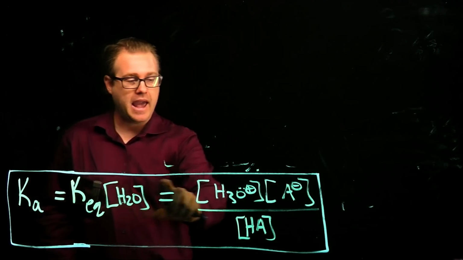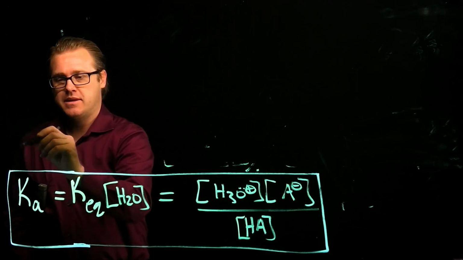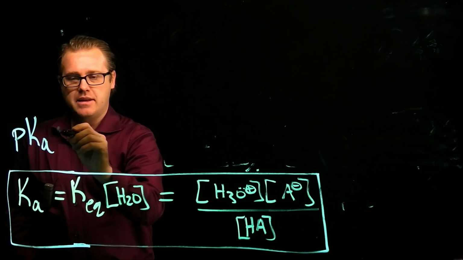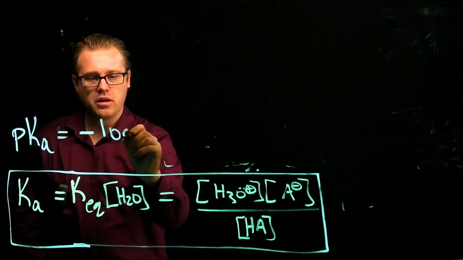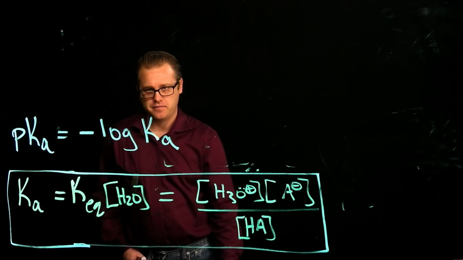So we have the Ka right here, but we could also have something called the pKa, and that's going to equal the negative log of the Ka, like that.